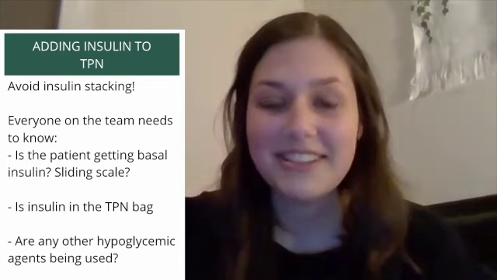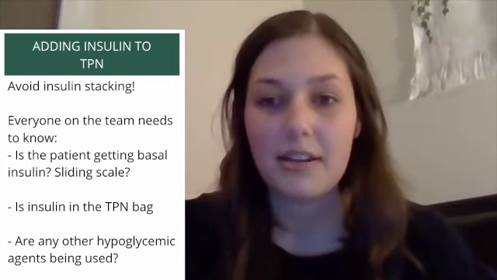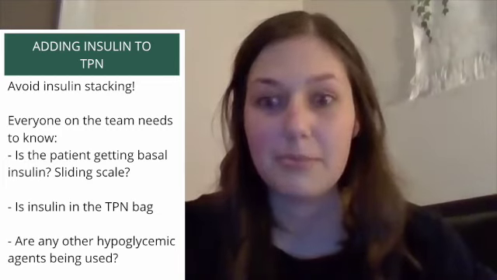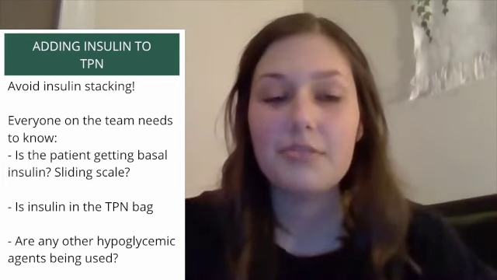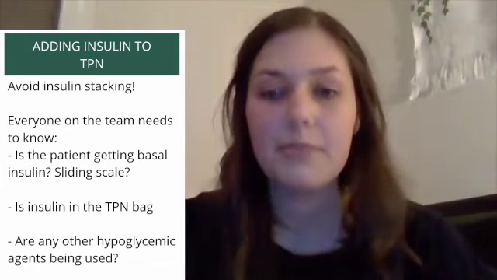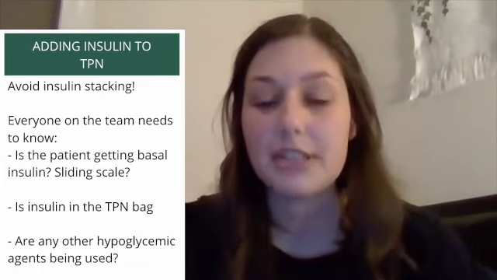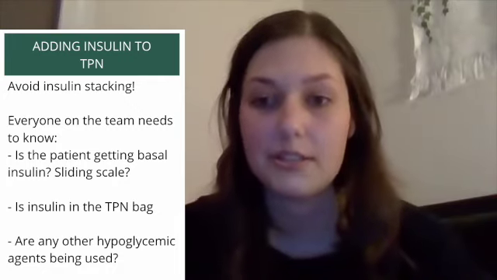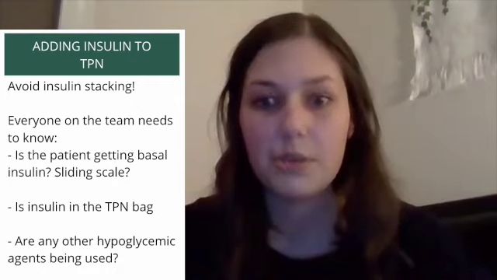Of course, with insulin, there are a few things that we want to be careful about and cautious with, since it can be a bit dangerous. So we want to avoid insulin stacking. That means combining different types of insulin so that their onsets of action will overlap, potentially creating hypoglycemic events, which of course we want to avoid.